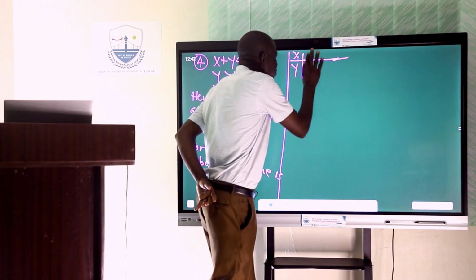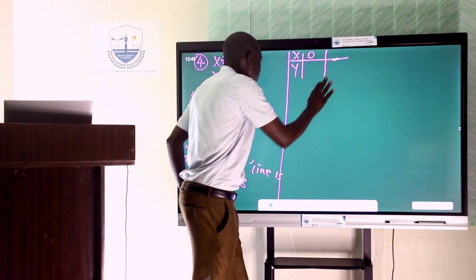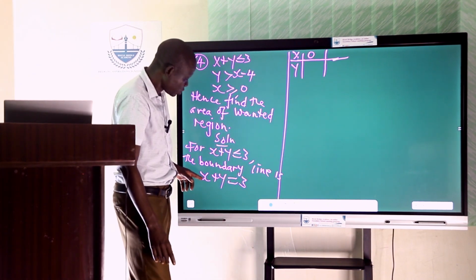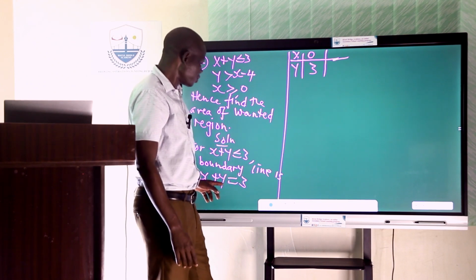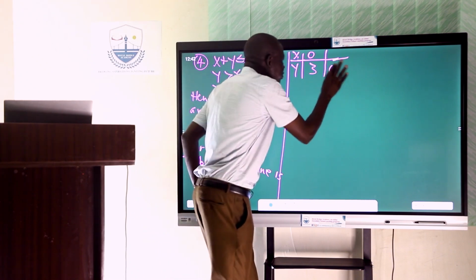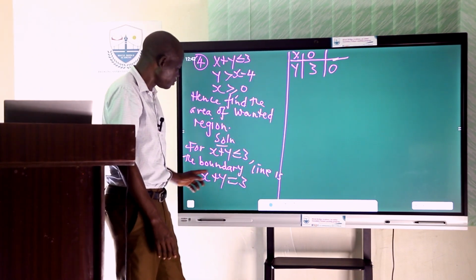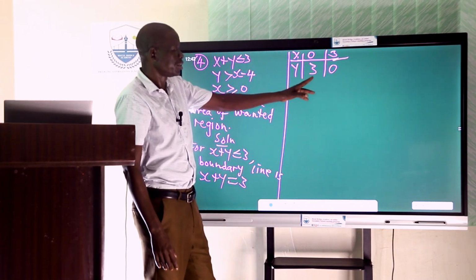So when x is equal to 0, what is y? You can see that when we substitute 0 here, y will be 3. When y is equal to 0, what will be x? When we substitute 0 here, it means x is equal to 3 also. So this is the table.